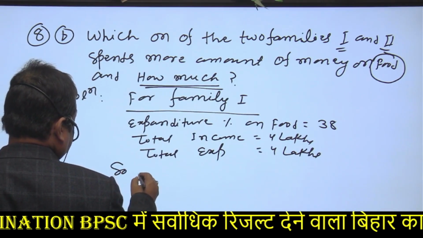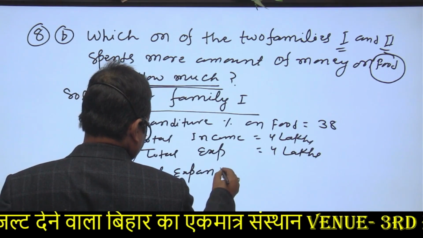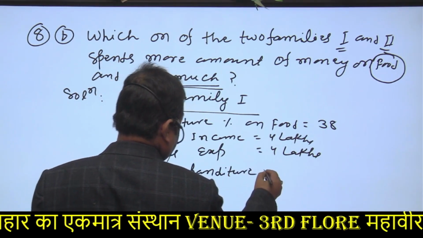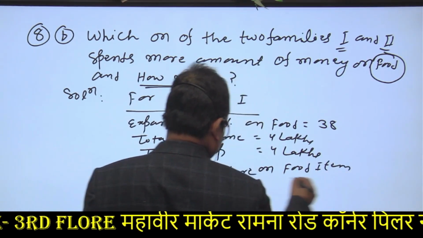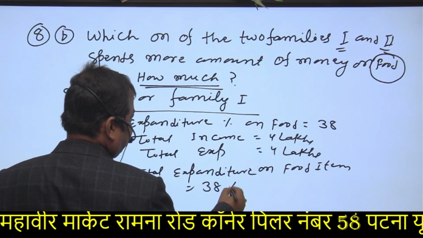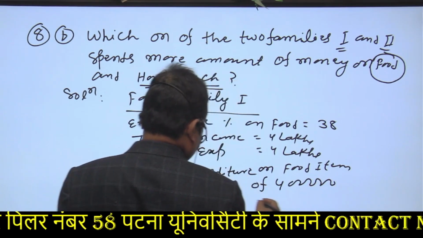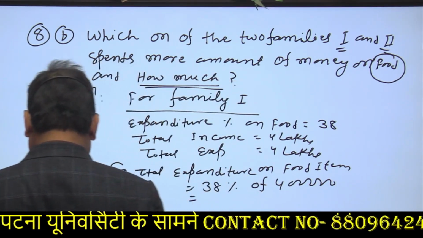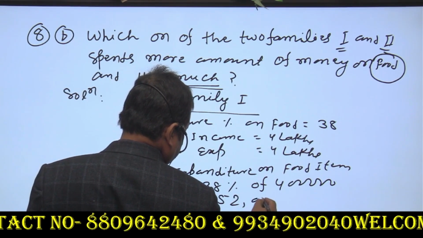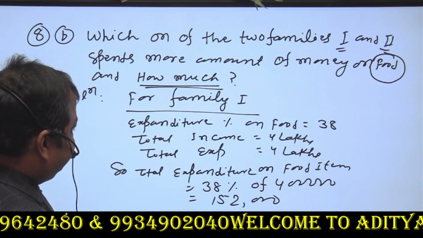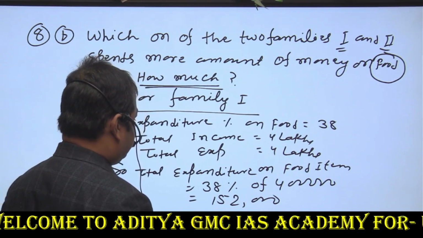So total expenditure on food item equals 38% of 4 lakhs. Operation done by calculator: 38% of 4 lakh equals 1,52,000.